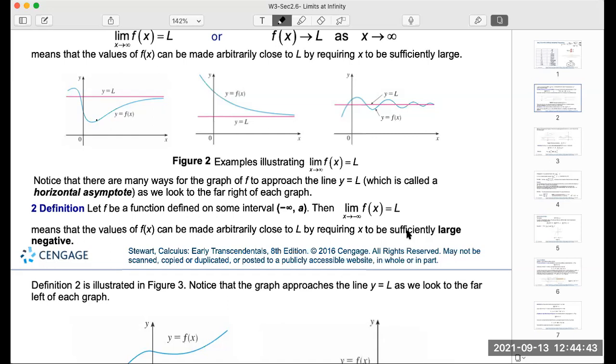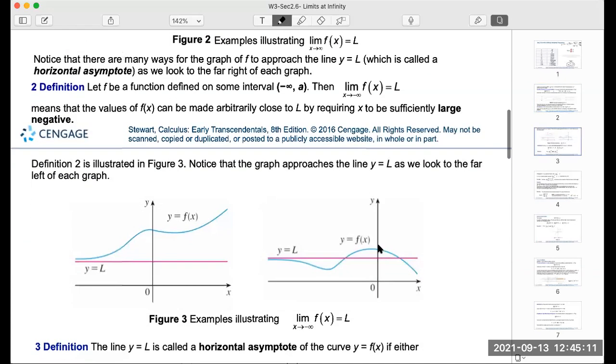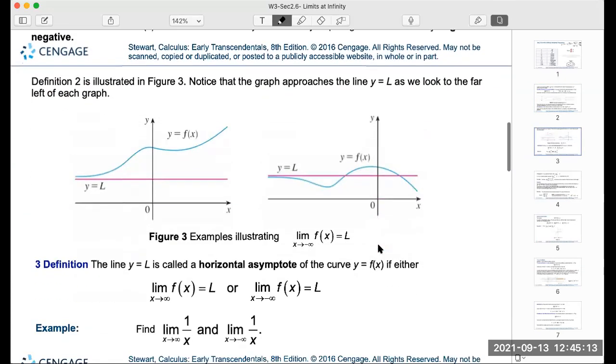So at most, it has 2 horizontal asymptotes. For some specific cases, it has only 1 horizontal asymptote. But there may be many vertical asymptotes, right? Do you remember? Give me an example. Tangent, very good, thank you. Tangent or cotangent. They have many vertical asymptotes, right?